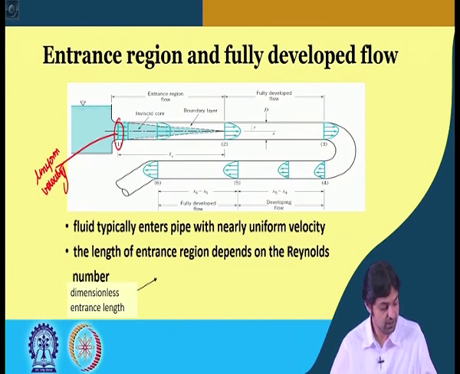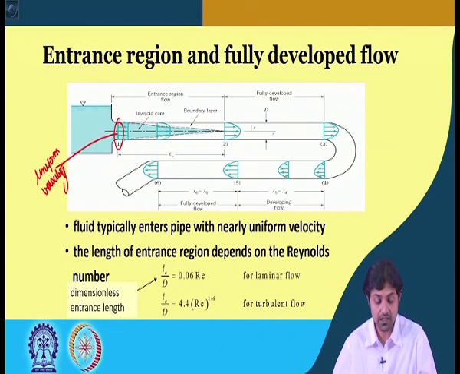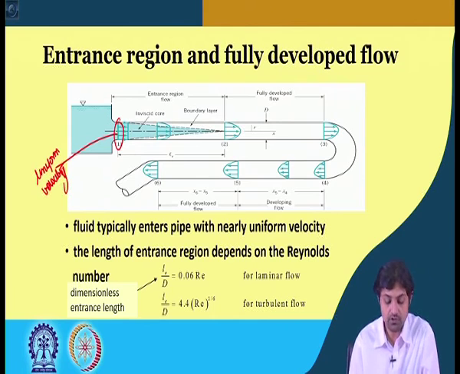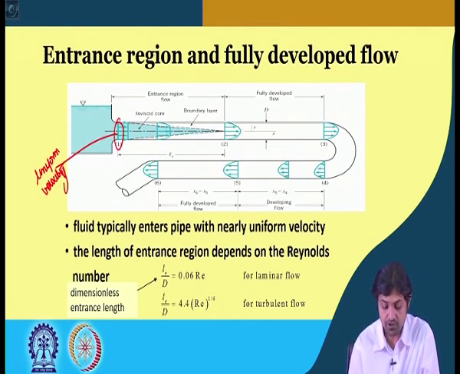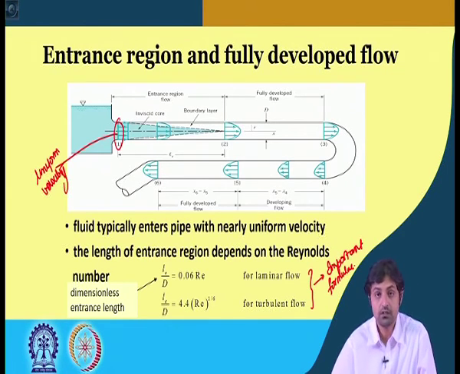The dimensionless entrance length for laminar flow is given by LE by D equal to 0.06 Re, whereas for turbulent flow it is given as LE by D equal to 4.4 times Reynolds number to the power 1 by 6. These are the important formulas, so you should remember them.